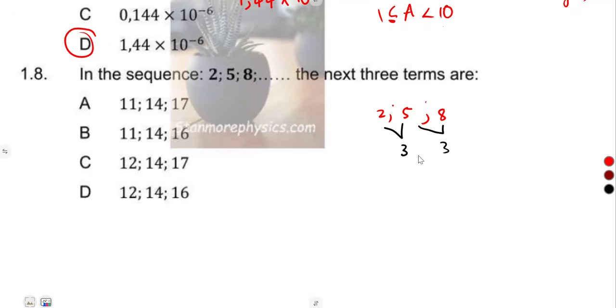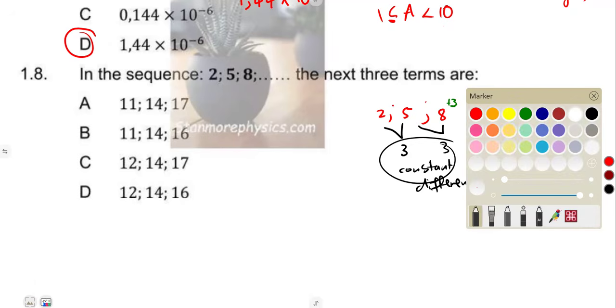Meaning we are referring to a linear sequence, where there's a constant difference. So to find the next term, you simply add that constant difference. To find the next term after 8, you add 3. 8 plus 3 is 11.